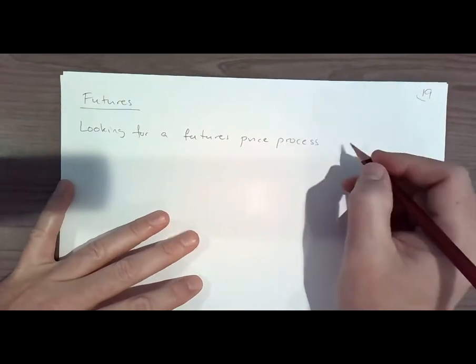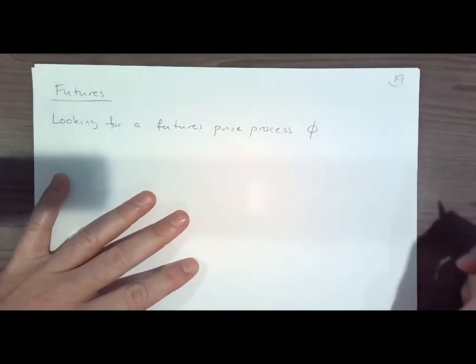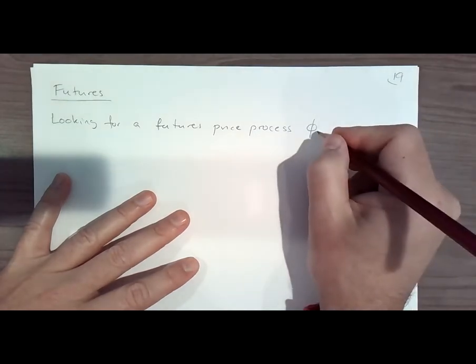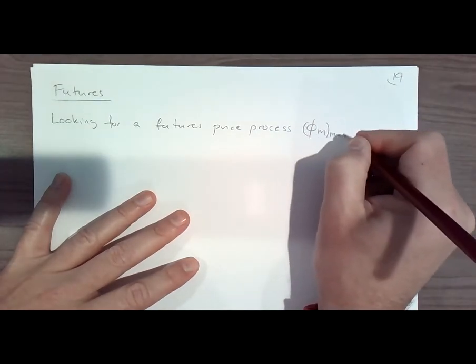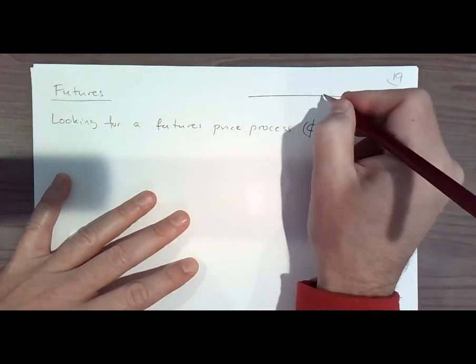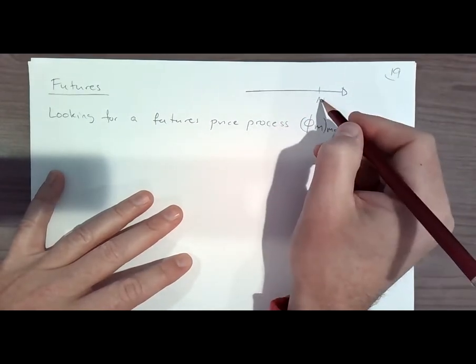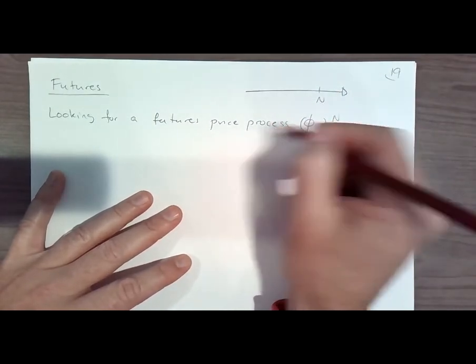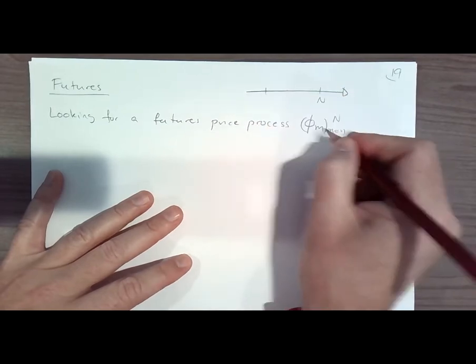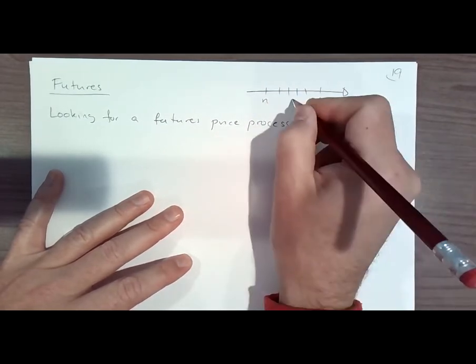We're going to denote it by phi, and the price is going to run from current time up to some capital N. So the period is over. The final payment date for the futures is here at the end, capital N, and we're sitting here at some little n, right? And then there are going to be payment dates in here.